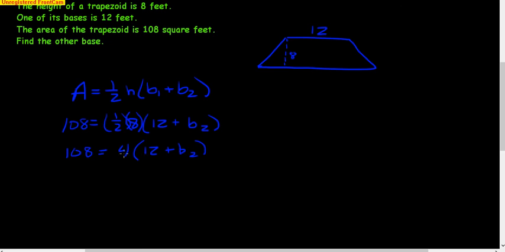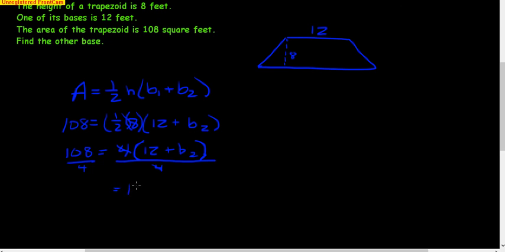Well, since this 4 is being multiplied by this whole thing, that's what these parentheses tell me. I'm multiplying by the whole thing. Well, then I can divide by 4 here. And if I do it to one side, I do it to the other. And since it's multiplying by the whole thing, well, they simply cancel.